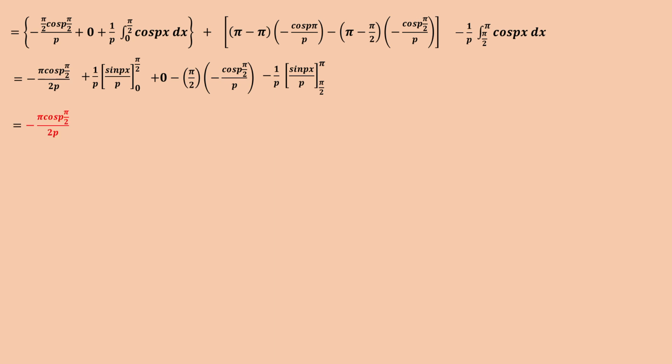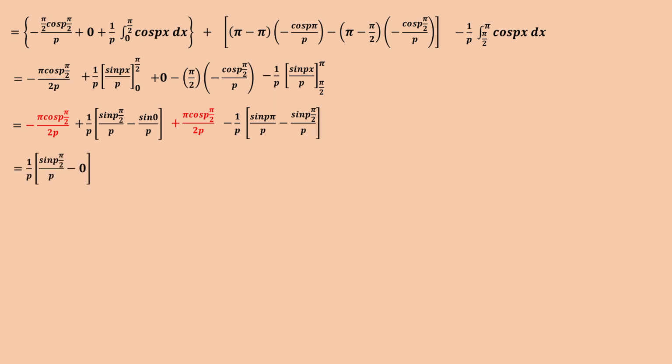So minus pi cos p pi by 2 by 2p plus 1 by p times sin p pi by 2 by p minus sin 0 by p. Here, multiplying minus into minus gives plus pi cos p pi by 2 by 2p, minus 1 by p times sin p pi by p minus sin p pi by 2 by p.